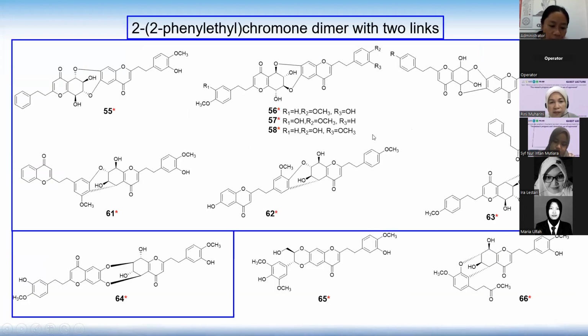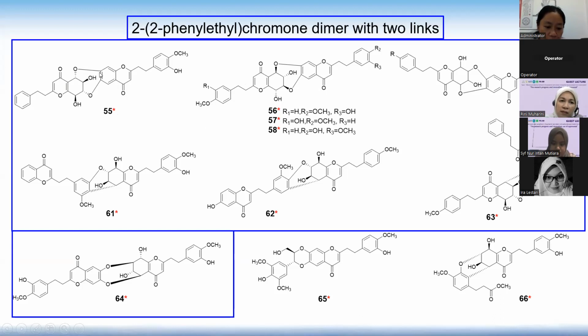And the second type of dimer, look at compounds 55 to 60 here. The two chromone parts are connected with two ether linkages, and usually a 7-membered ring is formed between the two structures.